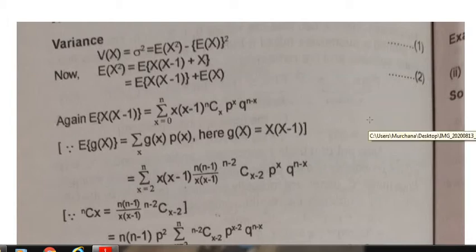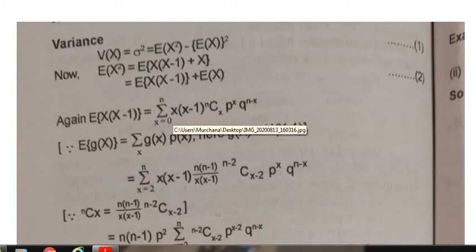And let me use the definition of the binomial distribution. In the case of the binomial distribution, expectation can be defined as the summation of x into nCx p power x into q power n minus x. Here, the function is x into x minus 1. Therefore, it can be written as summation of x from 1 to n, x into x minus 1, nCx p power x into q power n minus x.